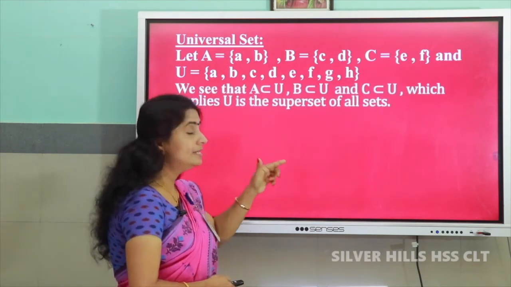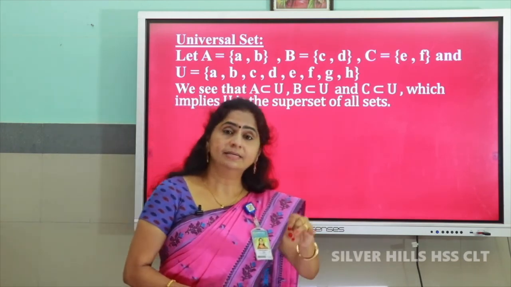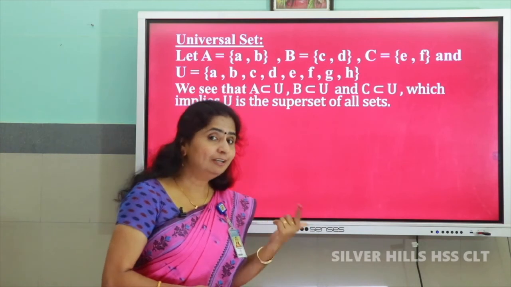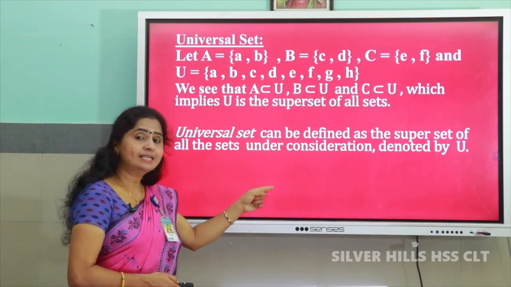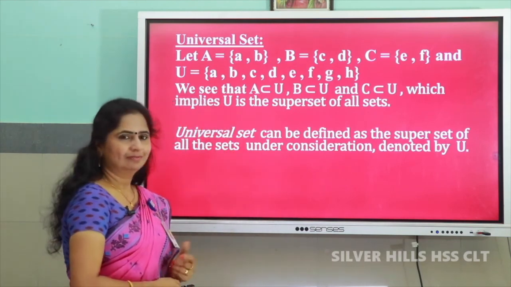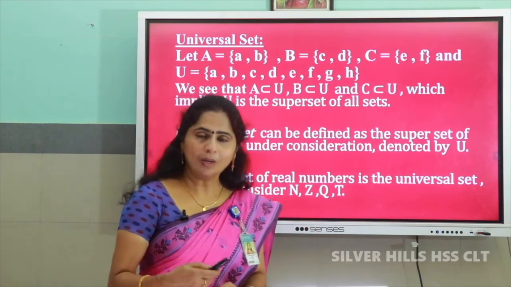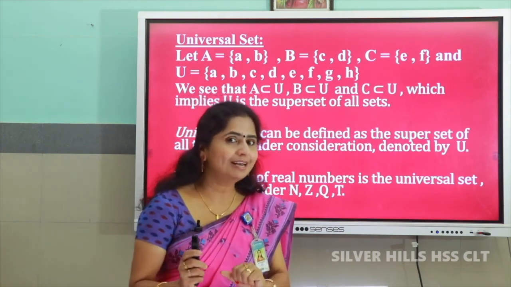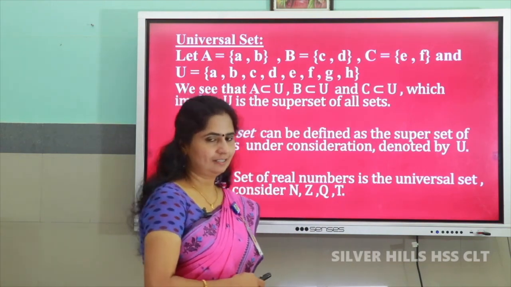U is the superset of all the sets given here because U contains A, B and C. Therefore, U is the superset of all the sets. Hence, we can define the universal set as the superset of all the sets under consideration, which is denoted by capital U. Let us see an example. When we talk about the set of natural numbers, whole numbers, integers, rationals and irrationals, all these are contained in the set of real numbers. Therefore, we know that the set of real numbers is the universal set.